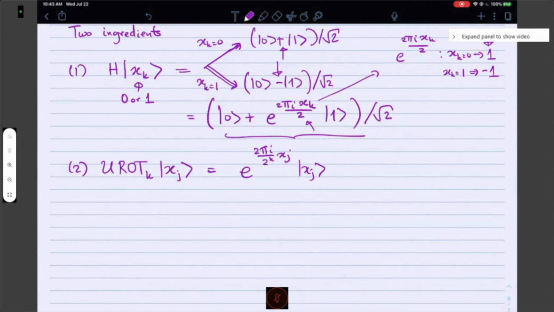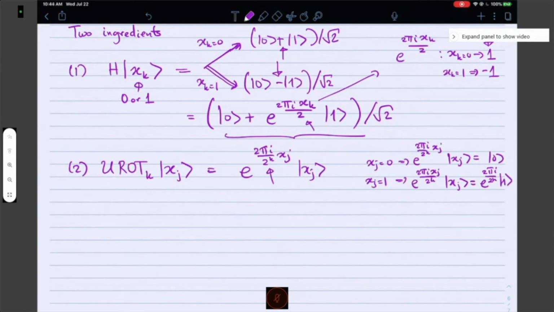Well, this is the only way I can apply those denominators with higher powers of 2. So what does this look like? Well, if you look at this exponent, if xj is 0, e to the 2 pi i over 2 to the power of k xj is just 0. Nothing changes. If xj is 1, it is actually just e to the 2 pi i over 2 to the power of k.